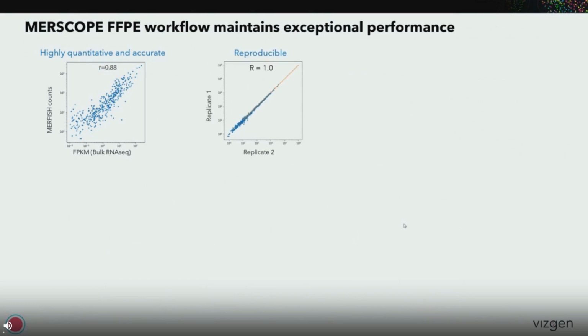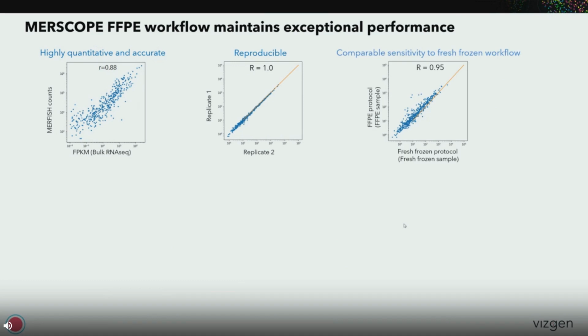These are also highly reproducible measurements, and in biological replicates, we see almost perfect correlation, as you can see from this correlation plot, with a correlation coefficient around 1. Furthermore, when we compare the counts detected by the FFPE workflow in FFPE samples versus those detected by the fresh frozen protocol in fresh frozen samples, we also found excellent correlation, with a correlation coefficient around 0.95.